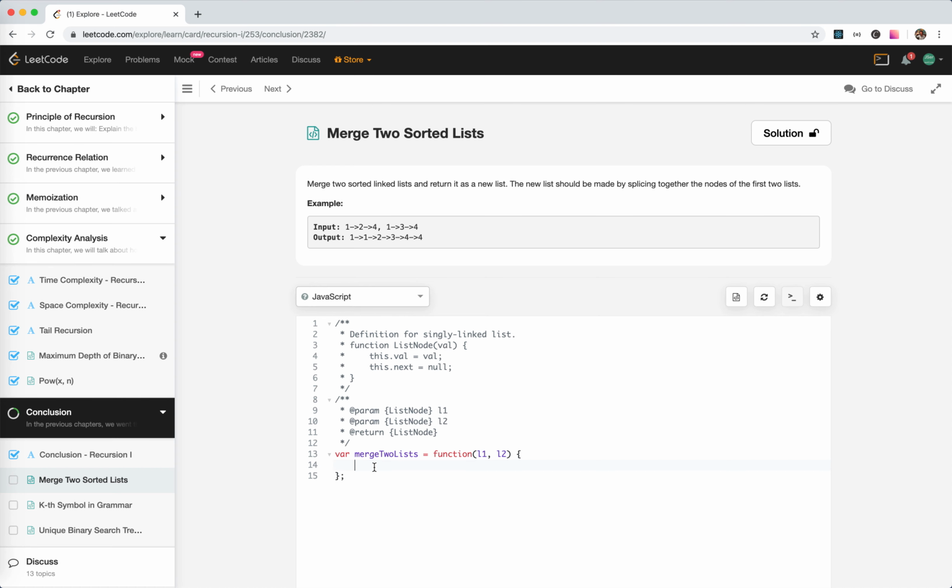Okay, I've got the recursion. So, the recurrence formula. How can I write the formula? Oh, I don't know.